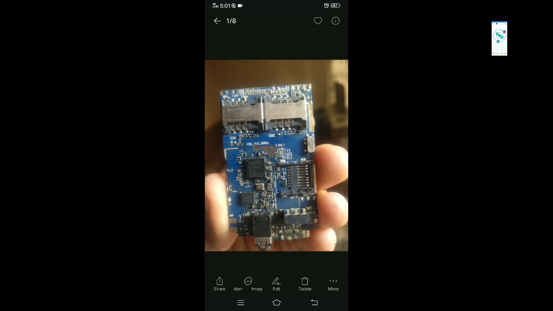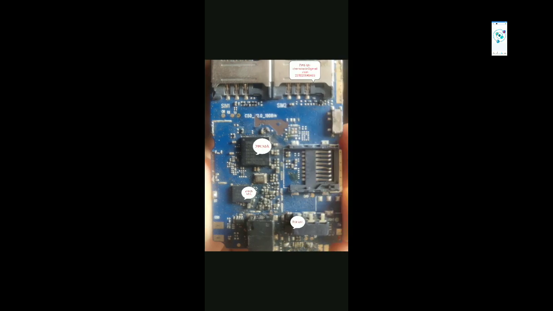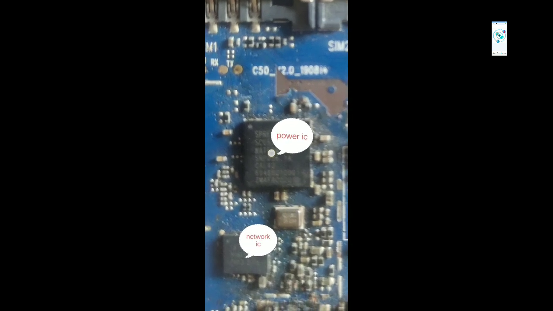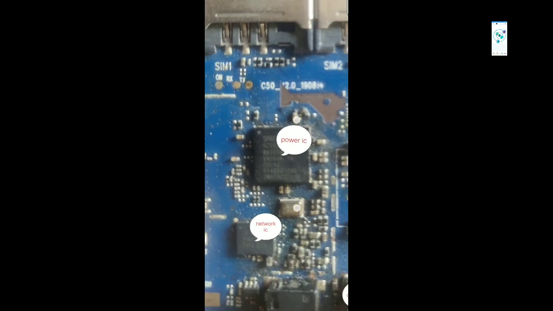The biggest one is here. This is the biggest one. It is a CPU or a power IC.